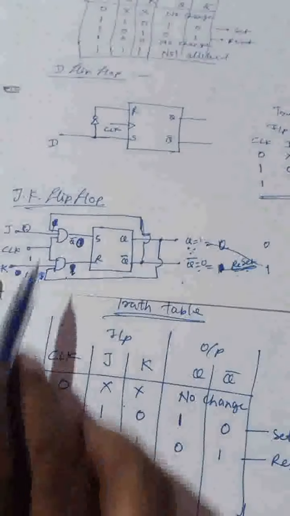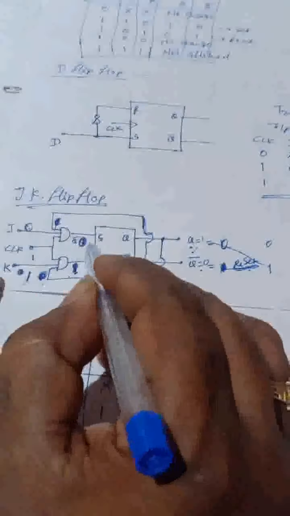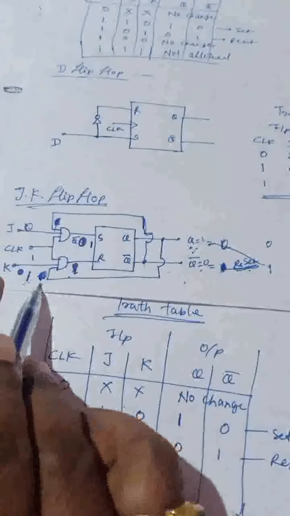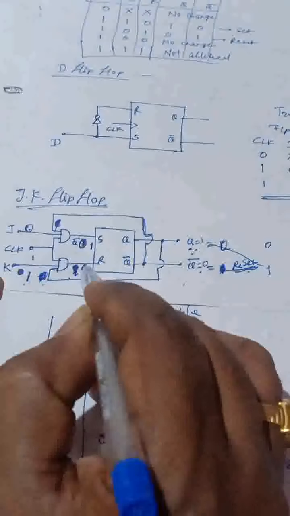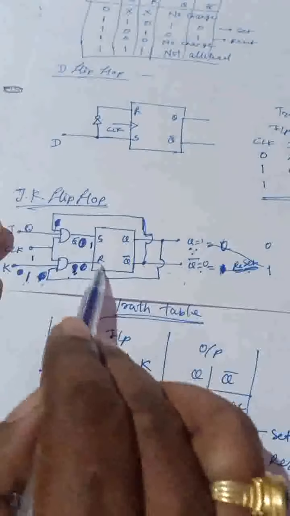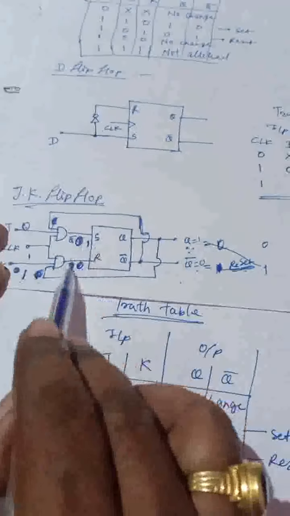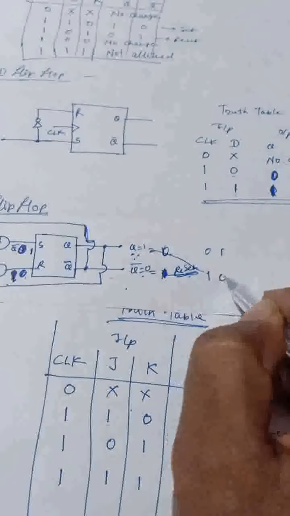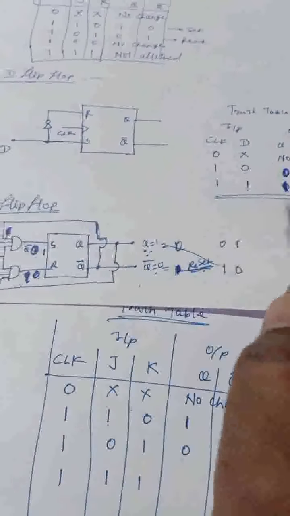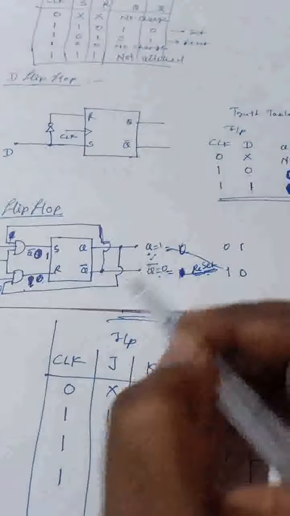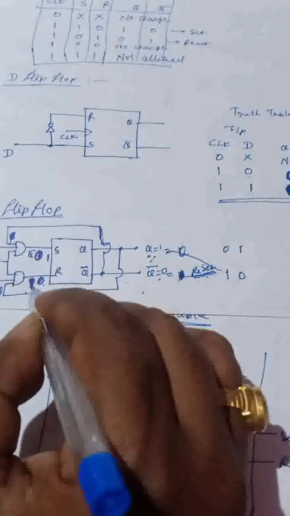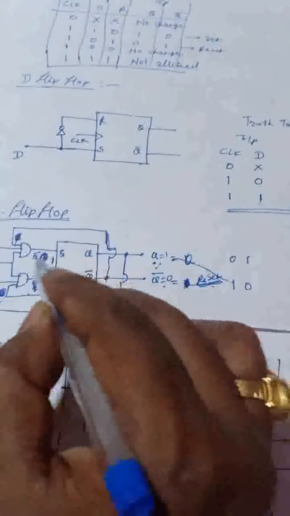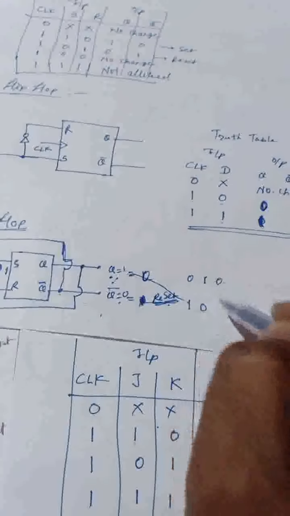What happens? Because of 1, this output becomes 1, and because of this 0, the output of this AND gate becomes 0. Now S1 R0, which is the set condition. Again it repeats. This 1 is connected here, so output becomes 1, this 0 is connected here, so output becomes 0. S0 R1, again it goes into reset condition.